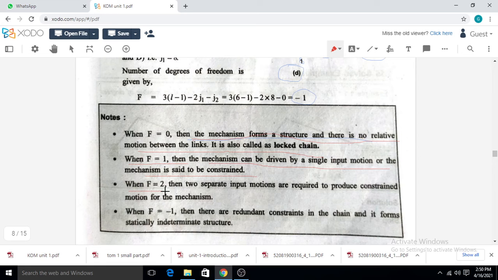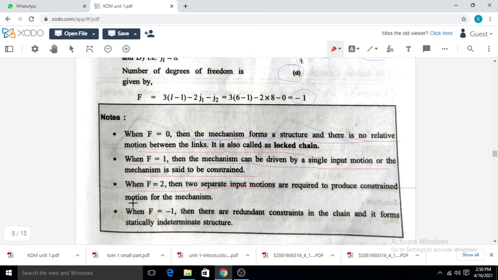Now when F is equal to 2, meaning the degree of freedom of the mechanism is equal to 2, then two separate input motions are required to produce the constrained motion of the mechanism.